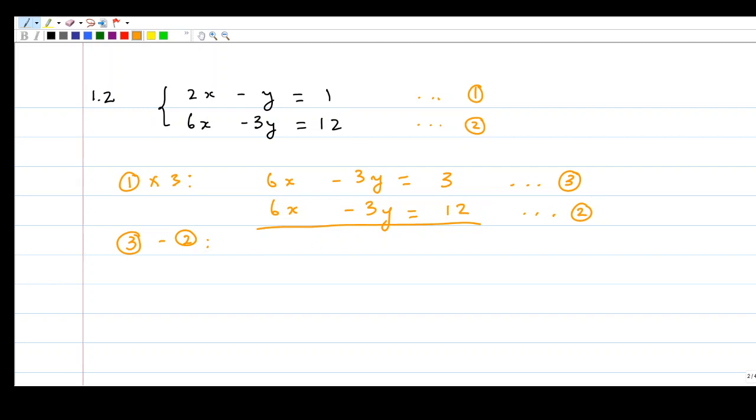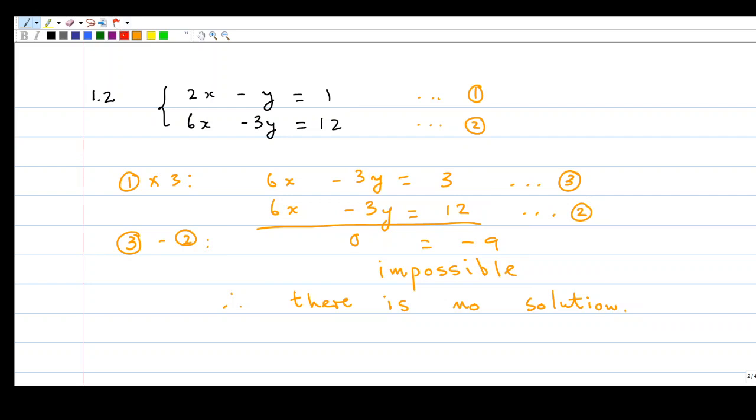So it's going to give me 0 for the left hand side is equal to -9, and we know that this is impossible. 0 is not equal to -9. So the conclusion here is that there is no solution.